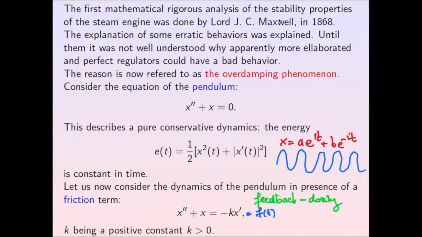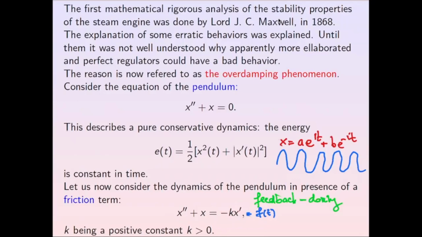This is an important concept, as I mentioned yesterday, in control theory, because what you do is that at every time instant, you measure the velocity x prime of t of the pendulum in oscillation, and then you apply a force which is proportional to the velocity x prime of t with a minus sign.